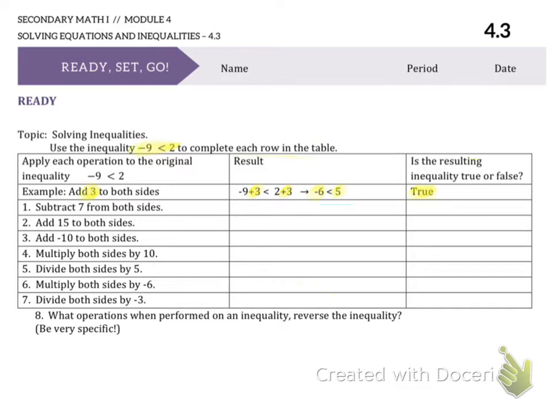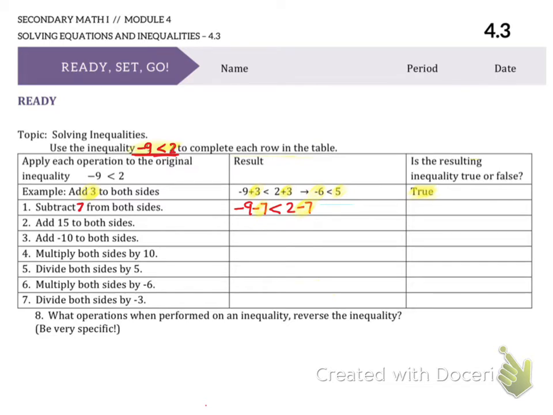Let's do the next question here. Then they say subtract 7. We have to subtract, so -9 minus 7 is less than 2 minus 7. Here we are subtracting. Pay attention that the same inequality we had here, we are using again, and we will be using it many times to check how it is.